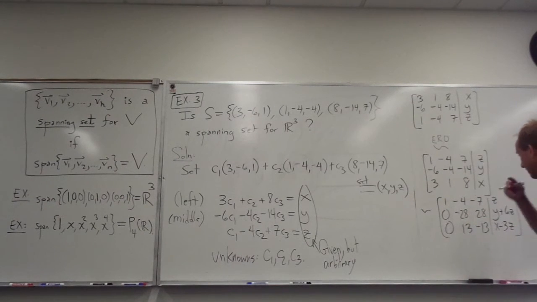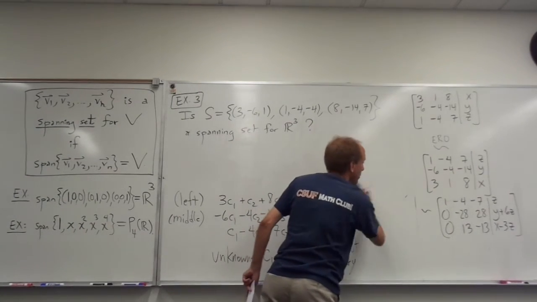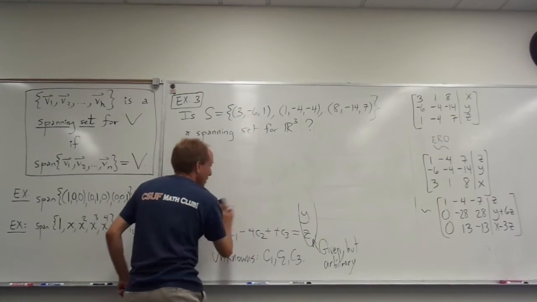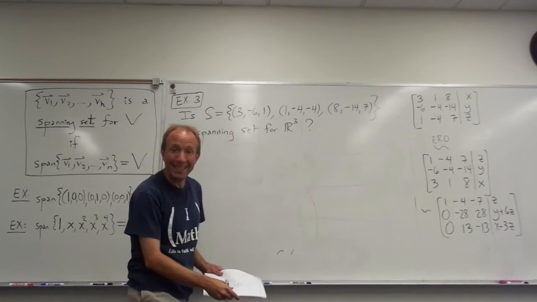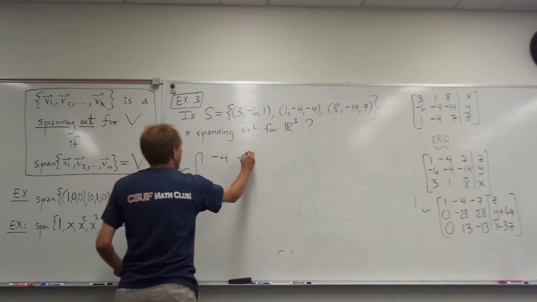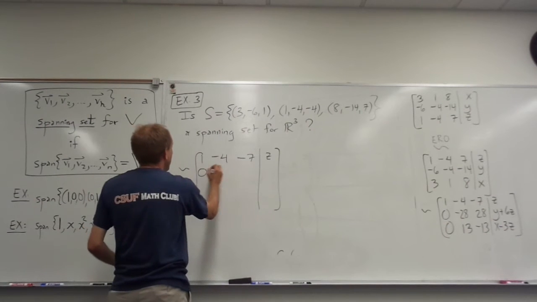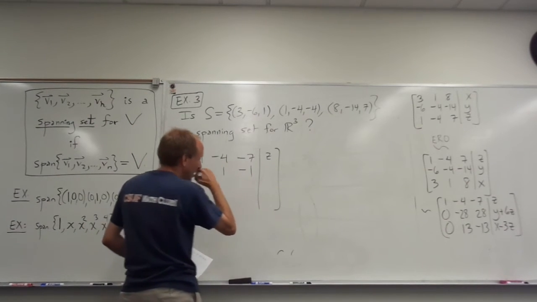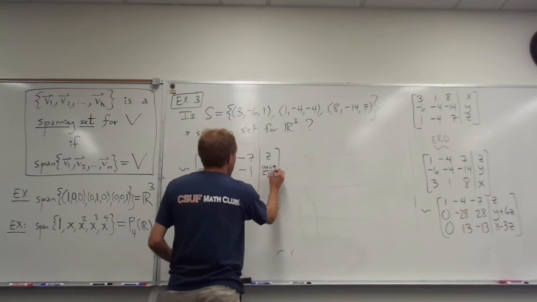Notice that what we can do is divide through the second row by -28, and then divide through the third row by 13, right? So what this is going to give me is 1, -4, -7, augmented with z, and then 0, 1, -1, and this is just y plus 6z over -28.